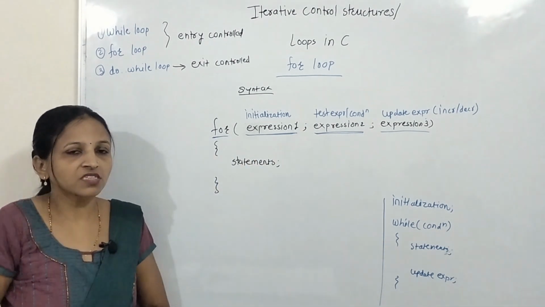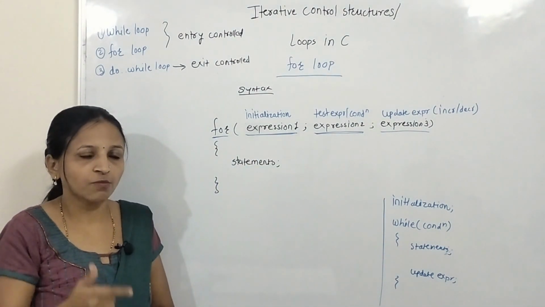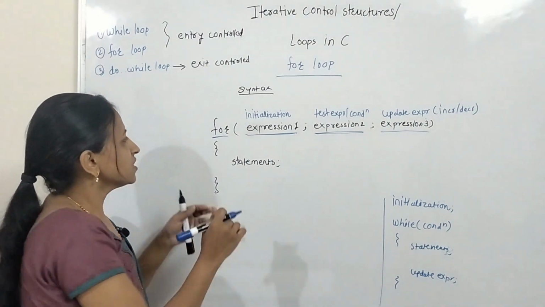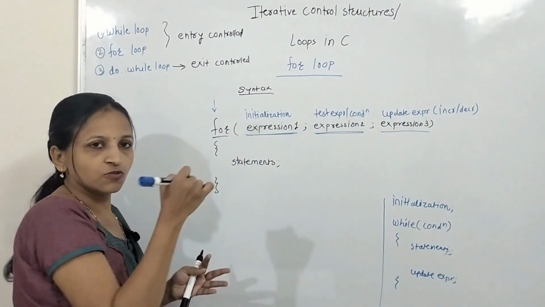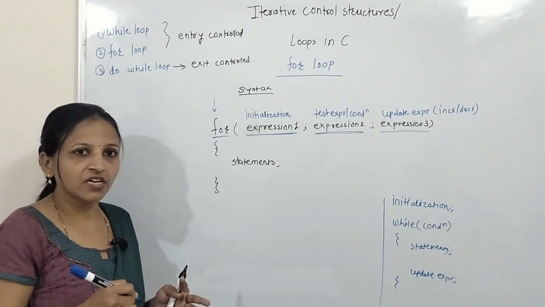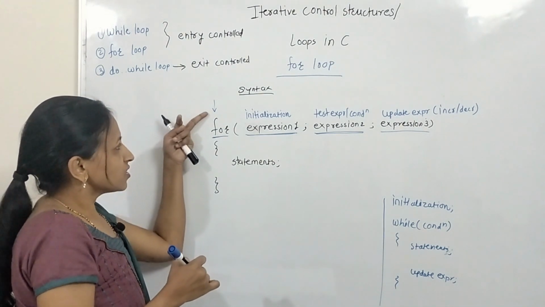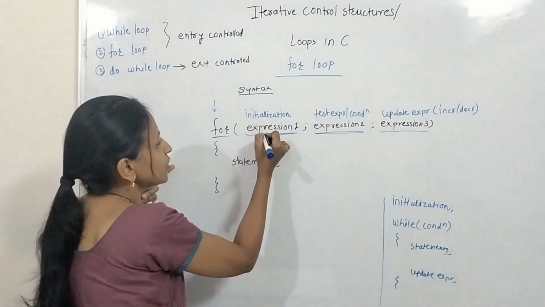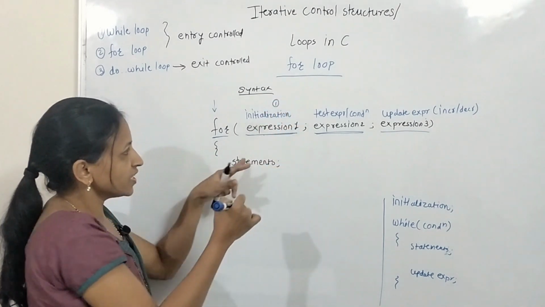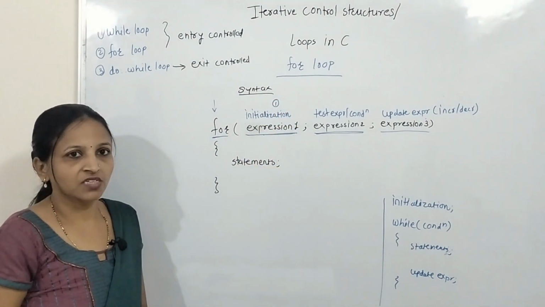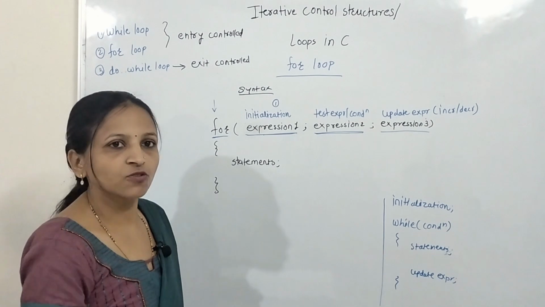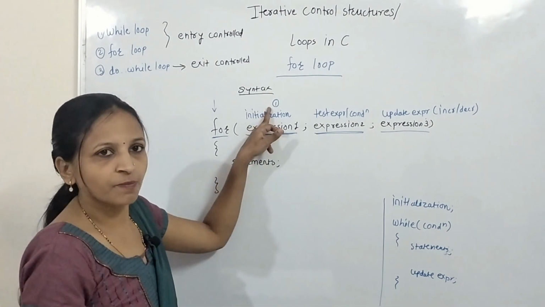Now I am going to explain how this loop gets executed. First, whenever the execution control comes here, first it will go here. This is the first step. It will do initialization first. At the time of execution, first initialization will take place.